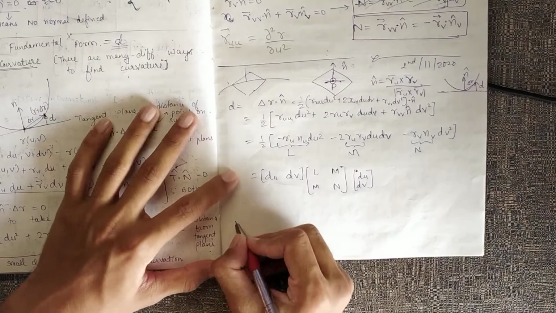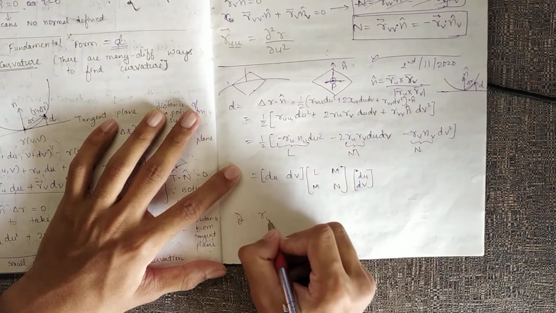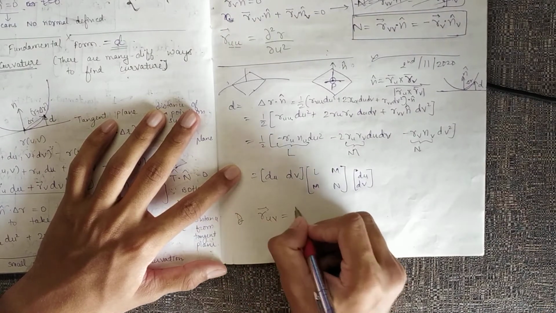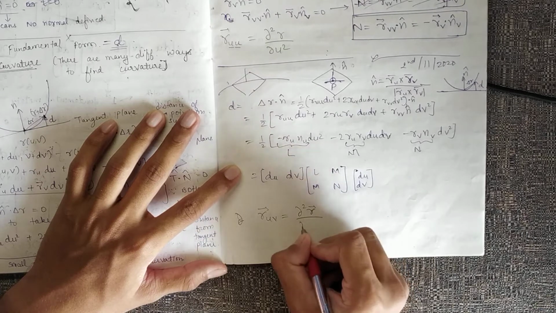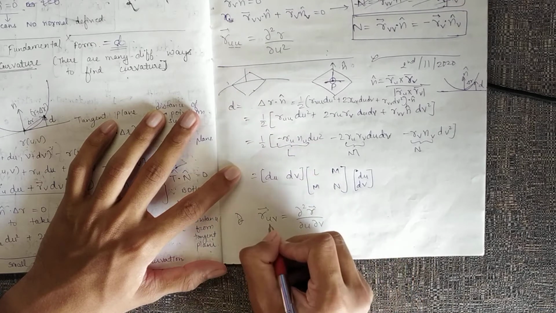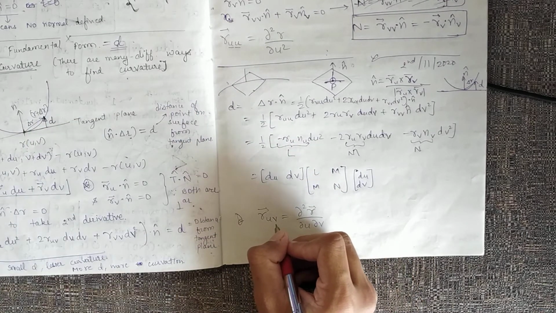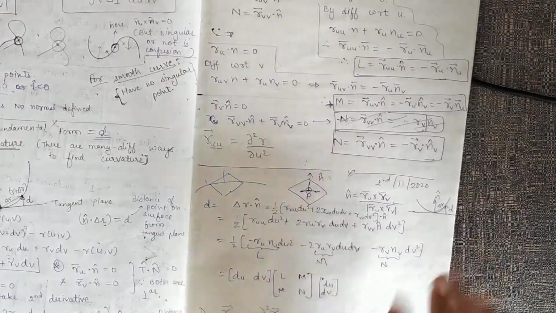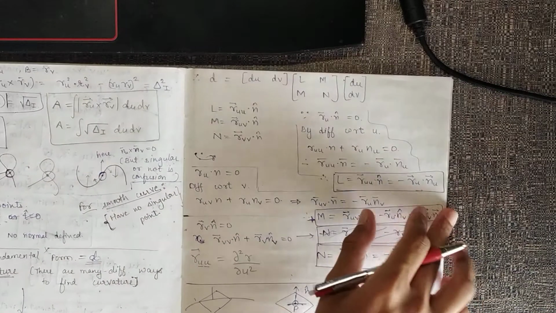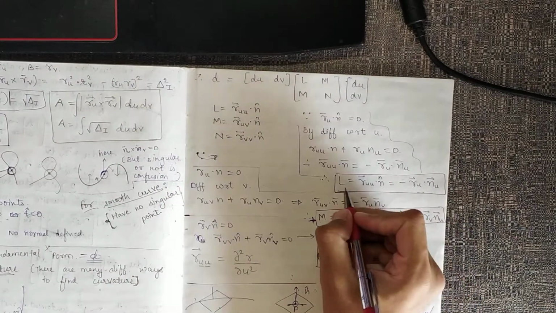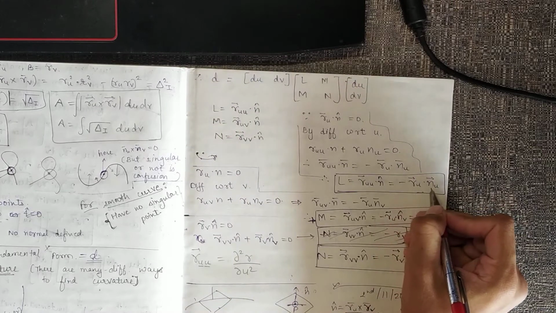And let me say r_uv is del square r by del u del v, right? Once differentiate with u, another time differentiate with v. So with some arbitrary changes, we can again write L in terms of r_u and n_u.